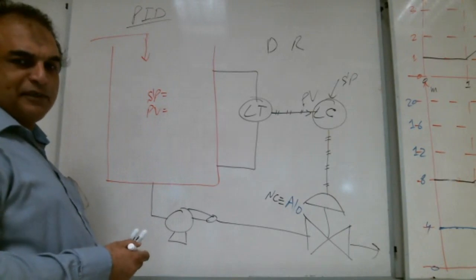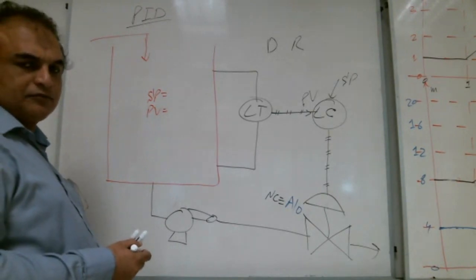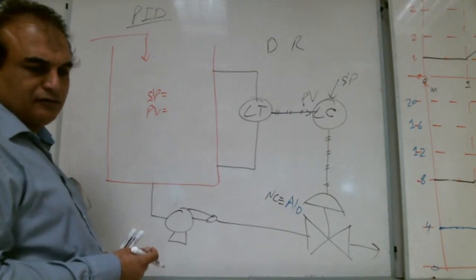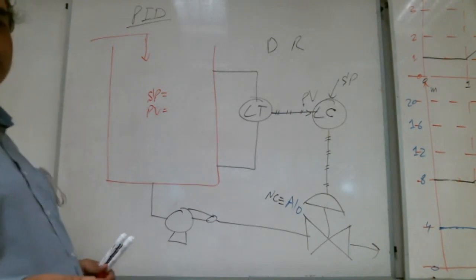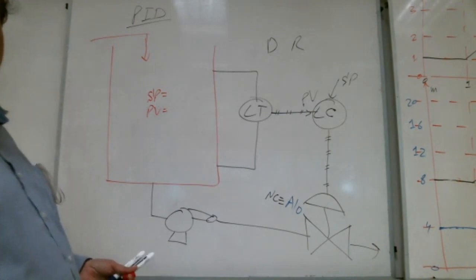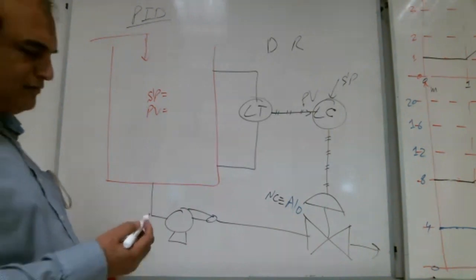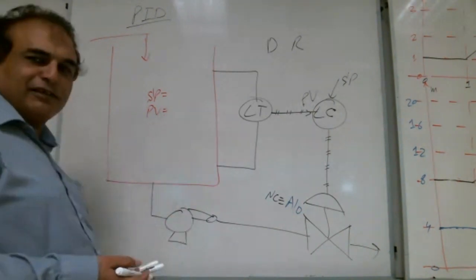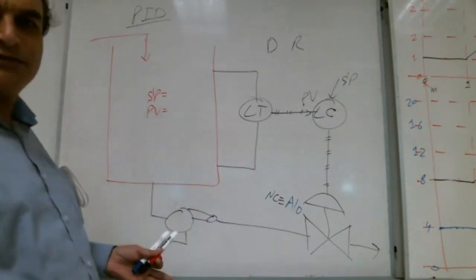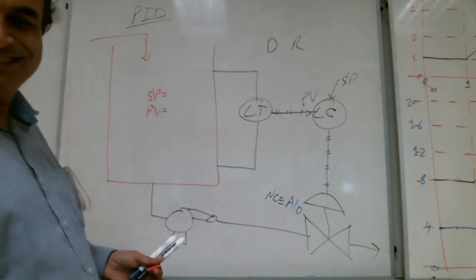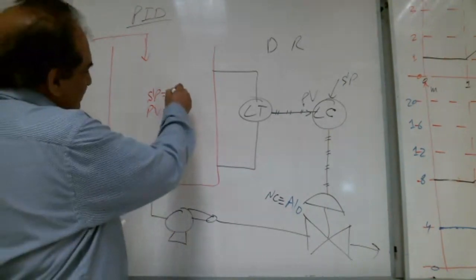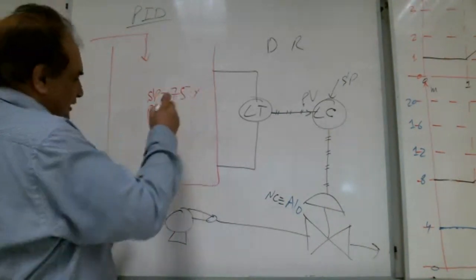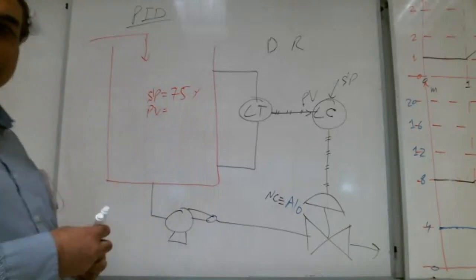Give me some number for SP. 55. Make some big number, I want to give you A plus. 75. Still, I want to give you A plus. 90, teacher. Oh, when my brother is saying 75, I have to take it. Yes. What is PV?